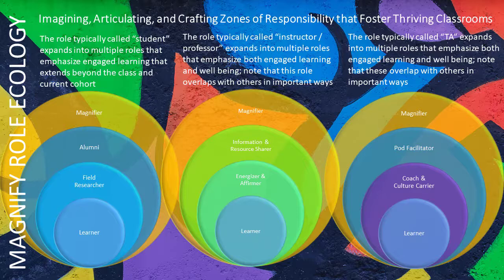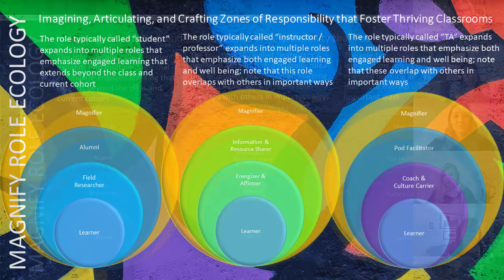And at the highest level, what we're trying to do is use what we know about roles and identities to craft not only a role as student, but an identity as a magnifier. And by having a name that we can give our program and then we can put on to our own role hats, it helps us cultivate an identity that gives people a way to grab on to what we're doing that transcends time and space.